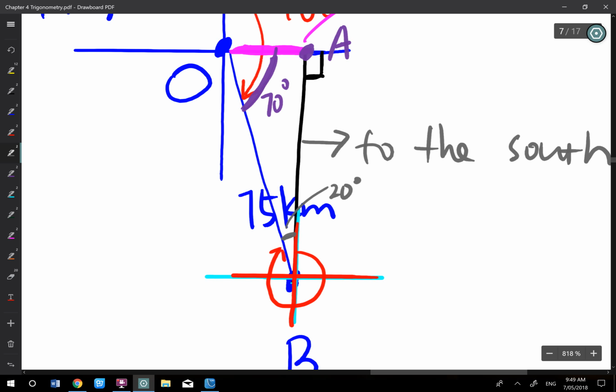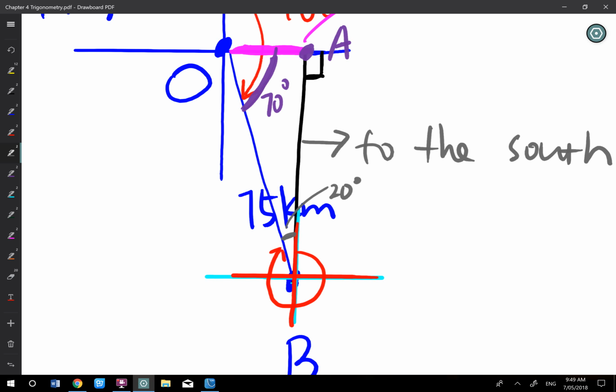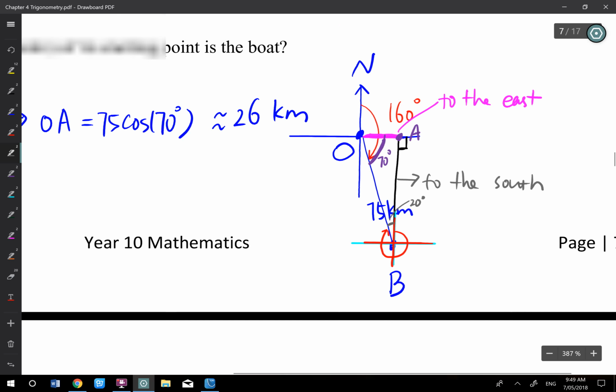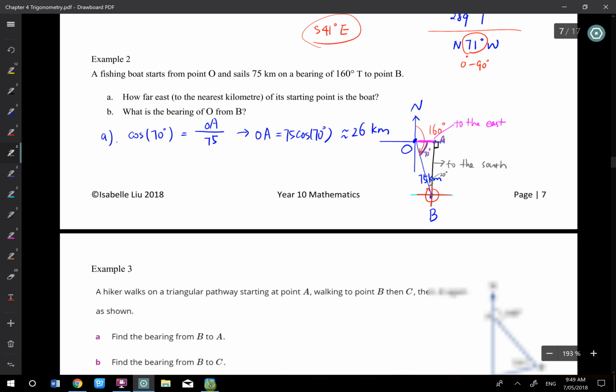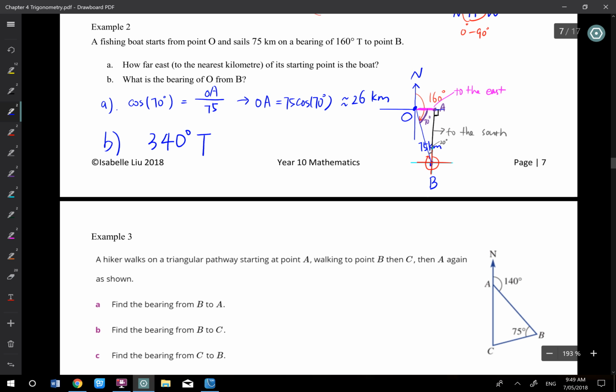So what's the size of this big angle then? 340. Good. So for B, it's asking for true bearings: 340 degrees T. That's the true bearing of O from B. So it's 340 degrees true.